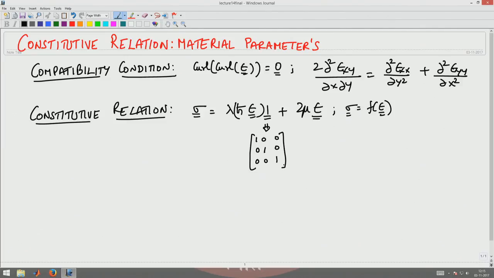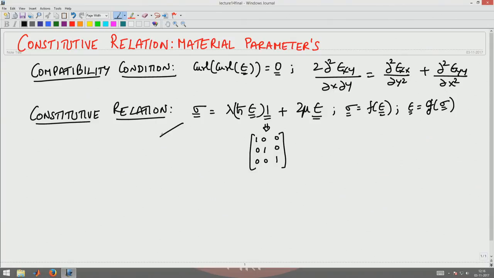Now, we began with the assumption that the stress is a function of strain, but I can do the same thing and derive the same constitutive relation where I write the strain epsilon as some function of the stress sigma. In particular, I want to invert this relationship to get strain as a function of sigma. To invert this, first I have to take the trace of this equation.